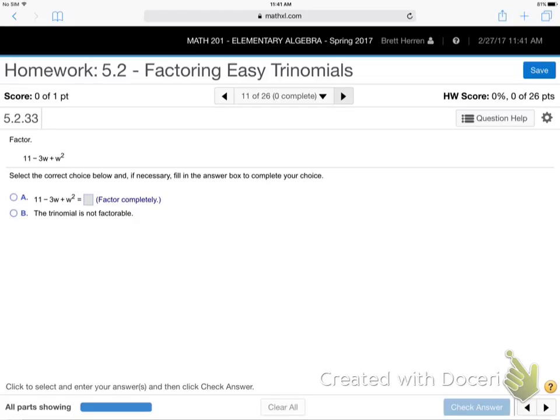Okay, so try that one. Minus 3w plus w squared. All right, try that one. So what do you have to do first on this one? Write it from highest power to lowest.